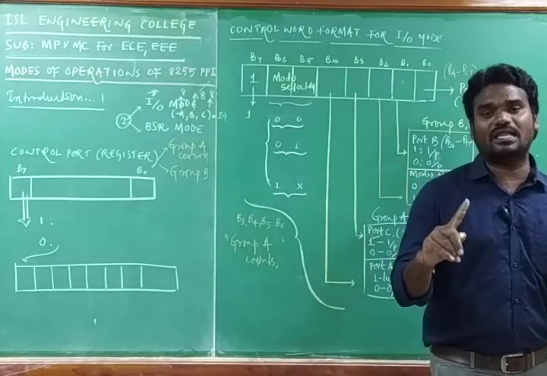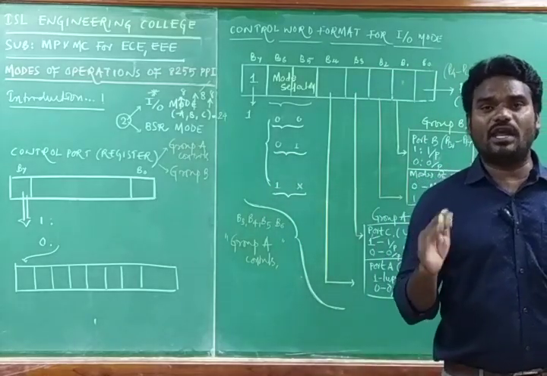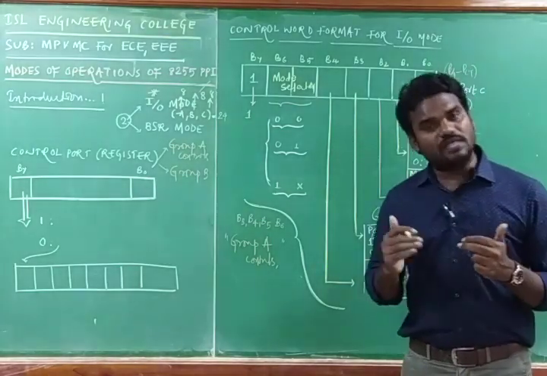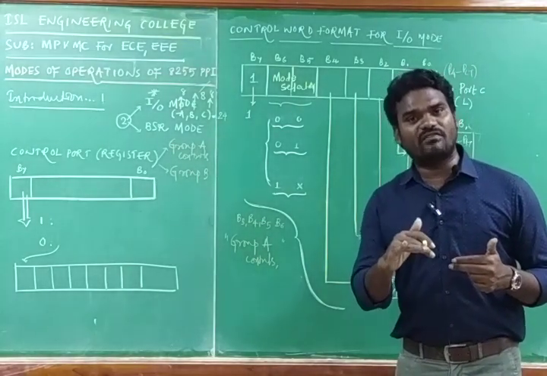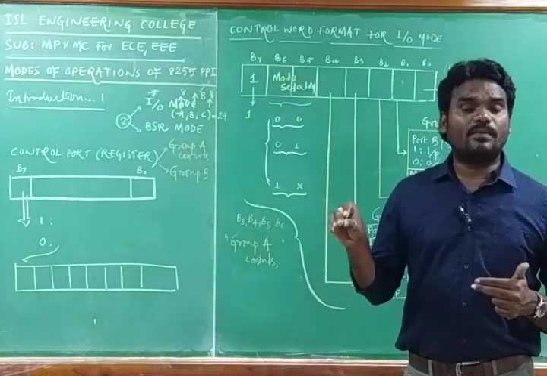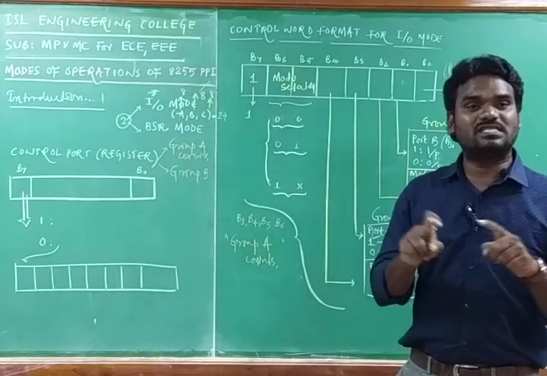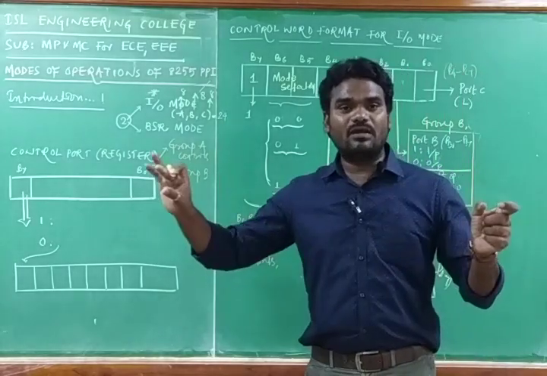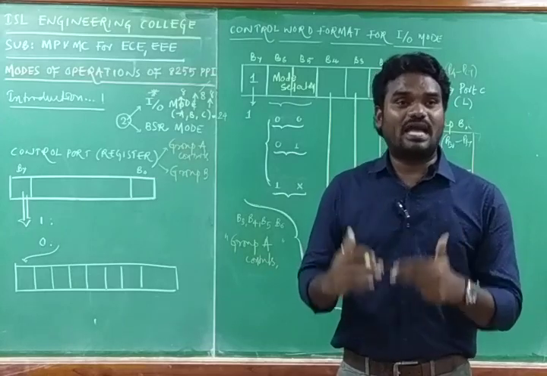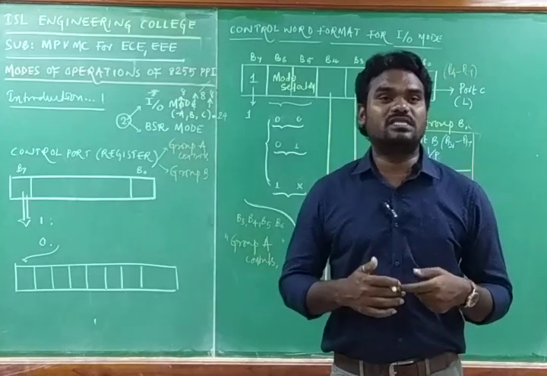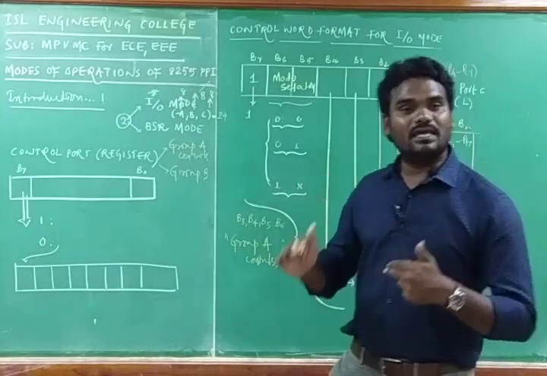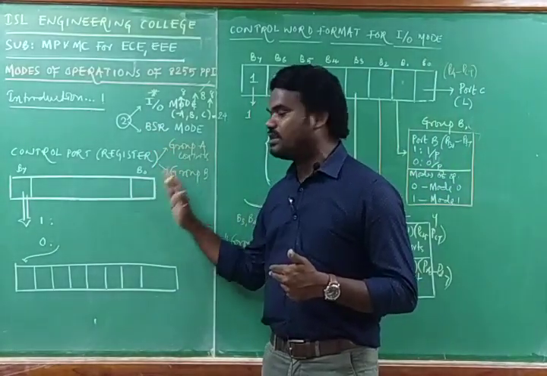I hope I am clear that the 8255 PPI can interface the 8086 microprocessor with the input output devices, and the internal structure of the 8255 PPI has one control register which is 8 bits wide, such that based on the data stored in the control register, the 8255 operates either in the IO mode or in the BSR mode.